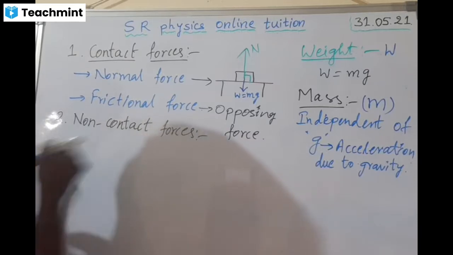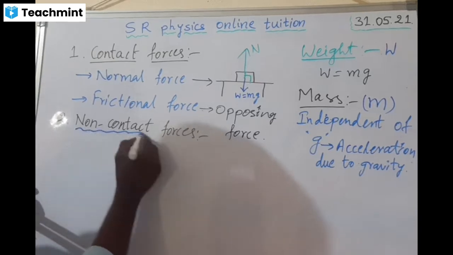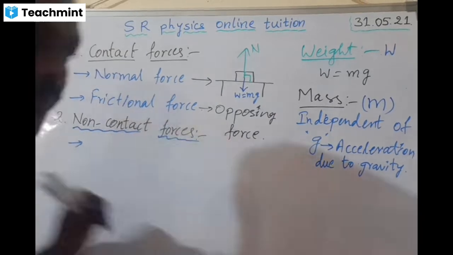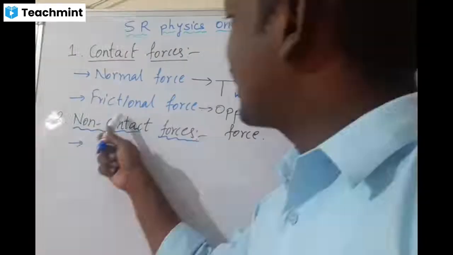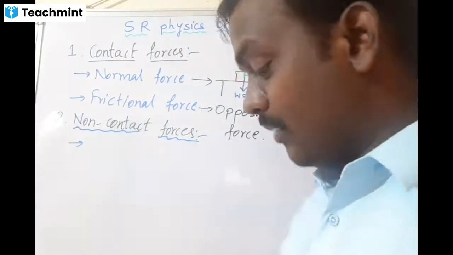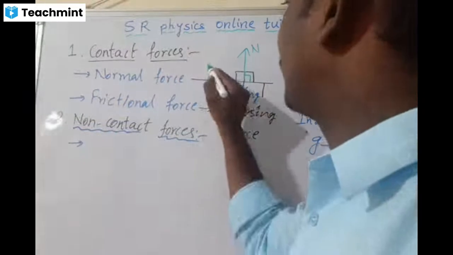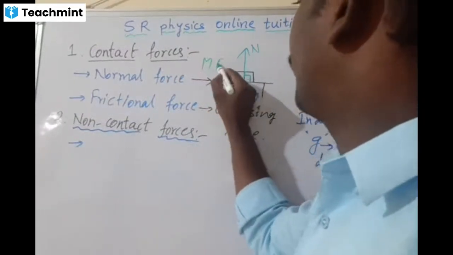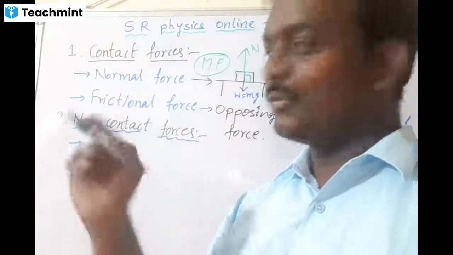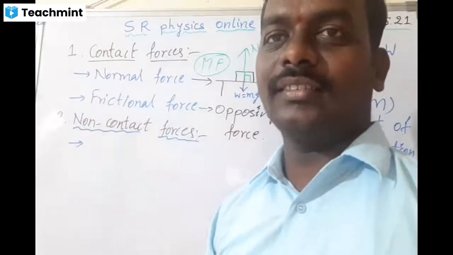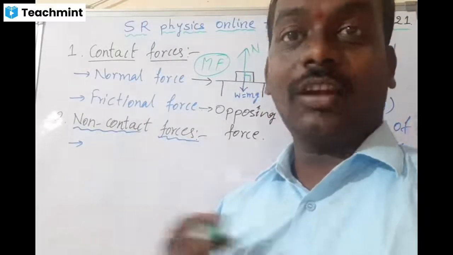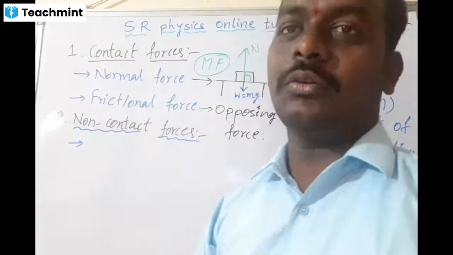Here in the contact forces we can take out one more thing also, muscular force. I forgot that. Let us take it as MF, meaning muscular force. We are applying some muscular force to write anything or to hold anything in our hand, isn't it? If there is no muscular force, how can we do it? It's not possible. So muscular force also we can consider over there.